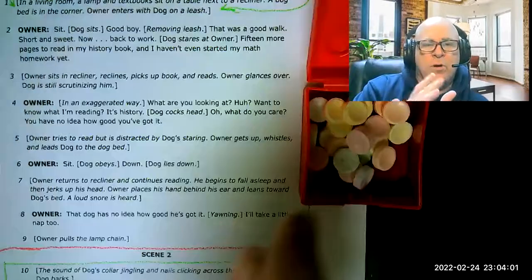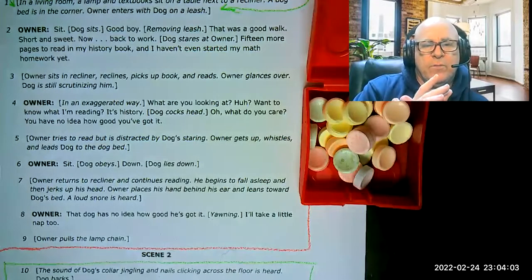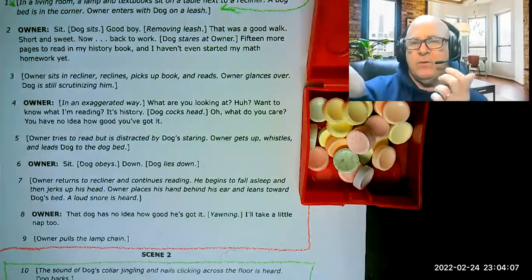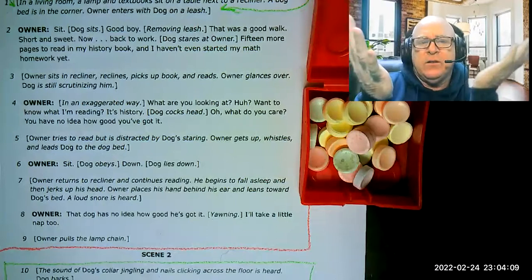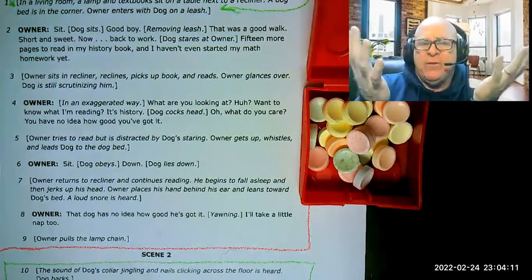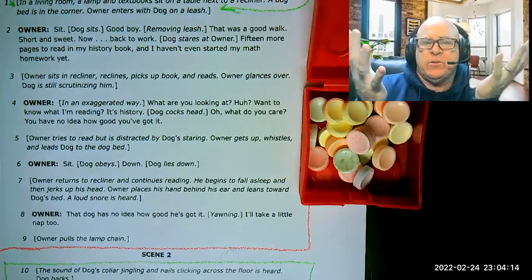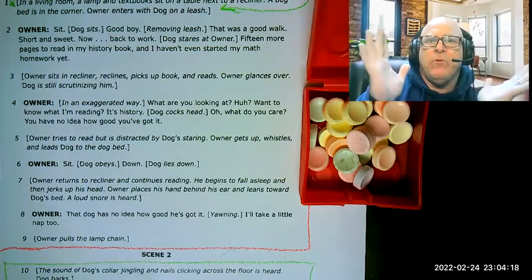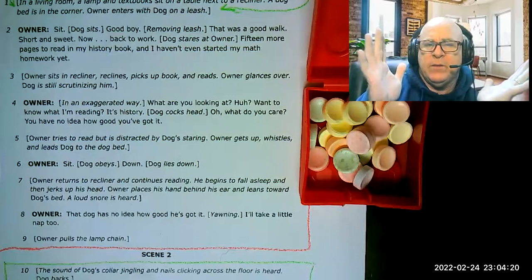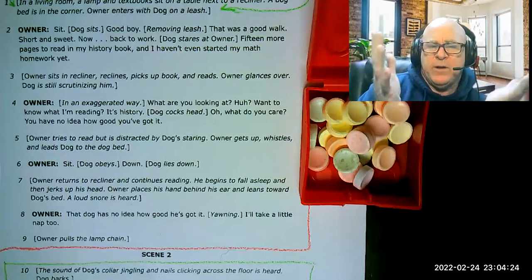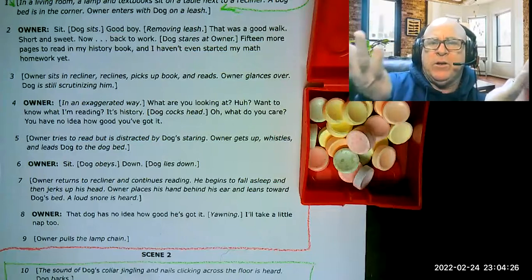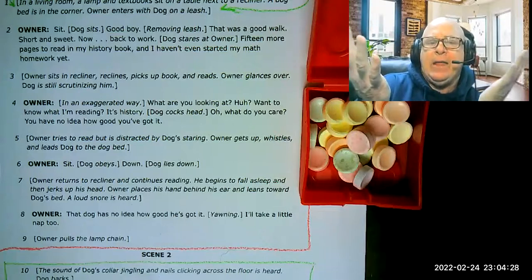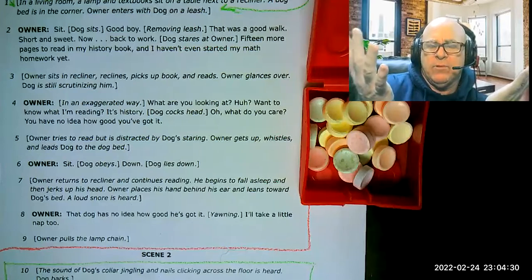Stage, no more directions. Owner returns to recliner and continues reading. Whenever you have the owner doing two things joined by a fanboys, remind your kids that the subject is doing a compound predicate, returning to the recliner and continuing the reading.